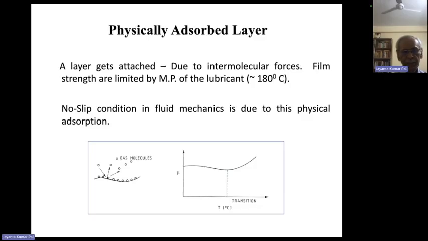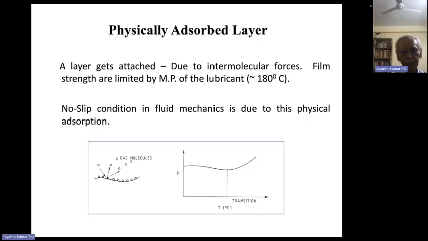If we look at the variation of coefficient of friction against temperature, we'll see that friction will be fairly constant in the earlier zone, because there the temperature does not rise to a fairly high level.